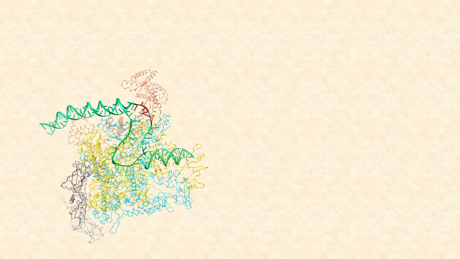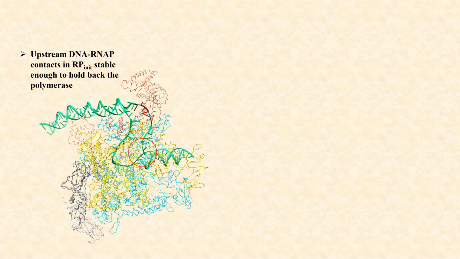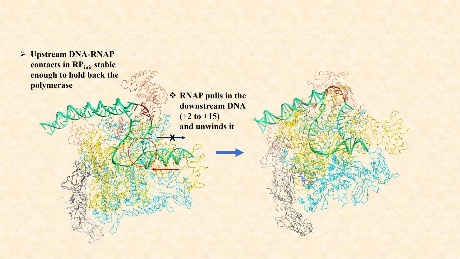However, at this stage, the upstream DNA-RNA polymerase contacts in the initiation complex are stable enough to hold back the polymerase. So, unable to move forward, the polymerase instead pulls the downstream DNA from +2 to +15 while unwinding it.